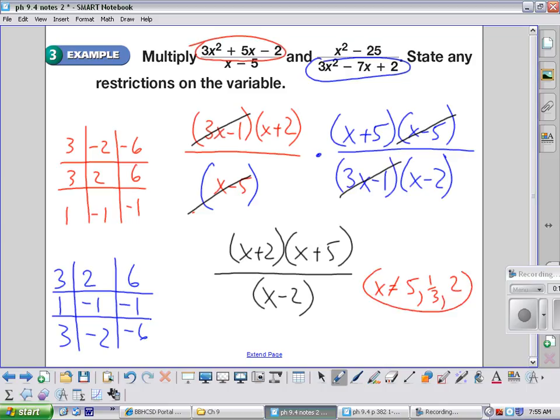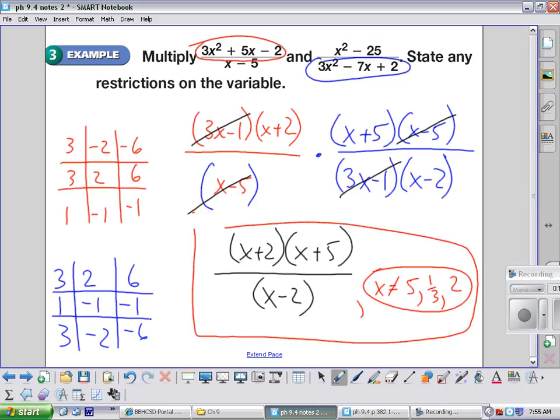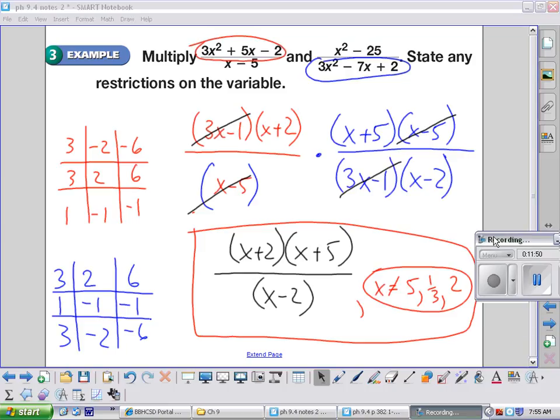Okay, all things that would make the denominator 0, and those are the things that we want to state. X is not equal to those. So put a little comma there. So your answer is right here. This is my final form. Again, you could multiply that back out as a quadratic or not, and then what things that x can't be.